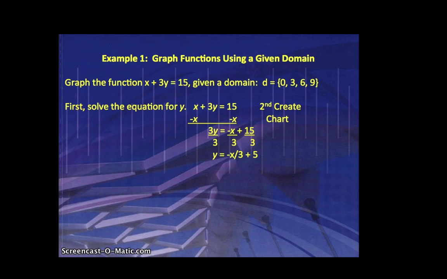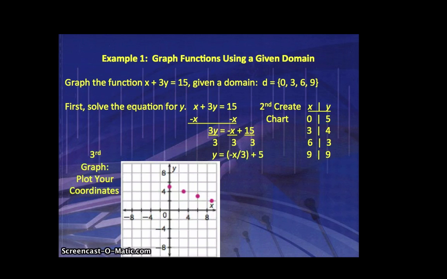And then the second thing is to create the chart. With the chart, you're going to use the values of the domain. You're going to plug those into x, where y equals negative x. Make sure that when you plug those in, that those are in parentheses. So those are all your points. And then the third, you have to graph and plot your coordinates.